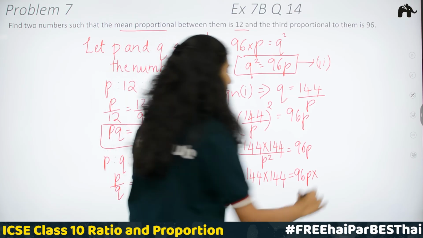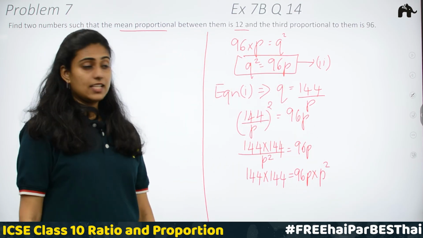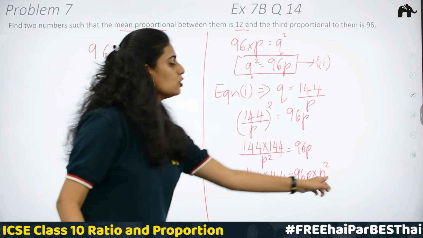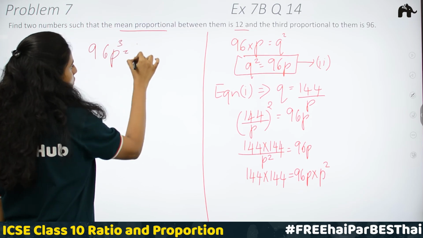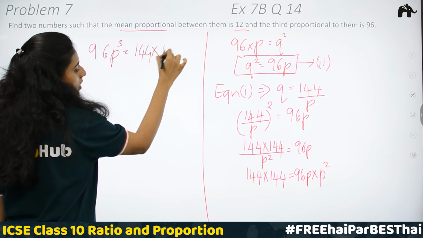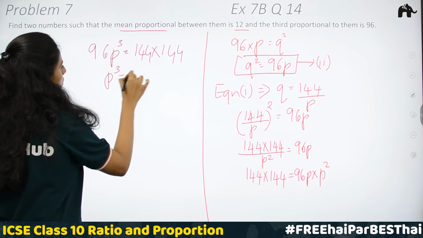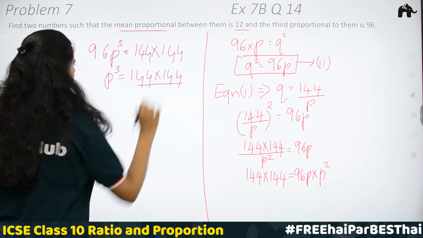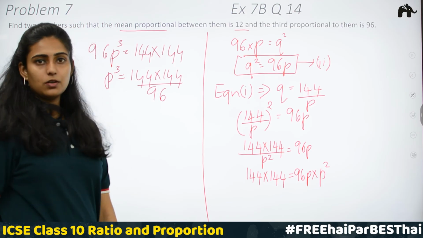That is 96 P into P square is P cube. P cube is equal to 144 into 144 divided by 96.